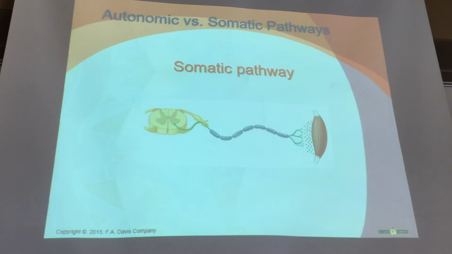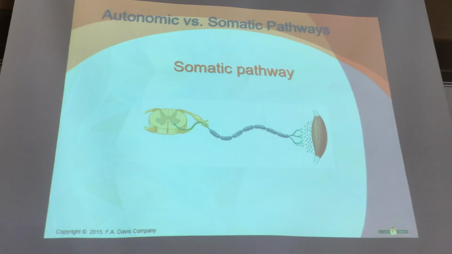So let's quickly review what we know about motor neurons and a muscle. This would be considered the somatic pathway. Remember, somatic refers to motor. The neuron cell body is going to lie within the central nervous system, either the brain or the spinal cord. We're talking about motor right now. Then one single myelinated axon is going to extend from that brainstem or spinal cord out to the skeletal muscle.